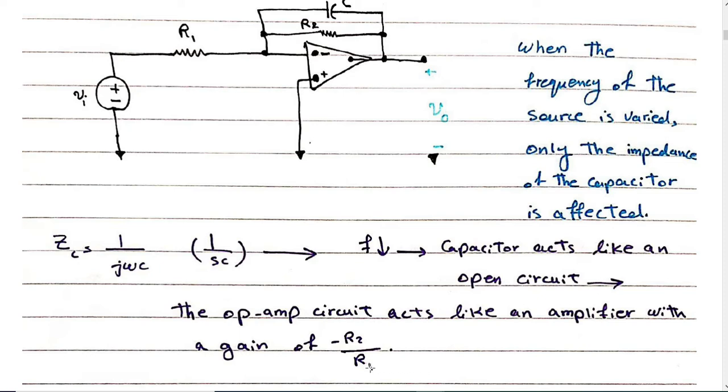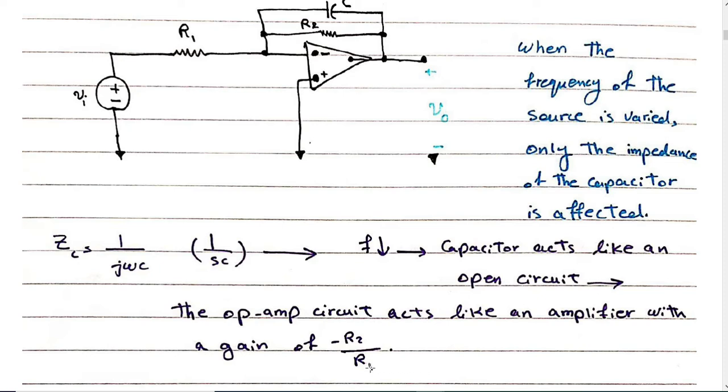Please find the relation between Vout and Vi when the frequencies are low. V output equals Vi times negative R2 over R1. So Vout over Vi equals negative R2 over R1.